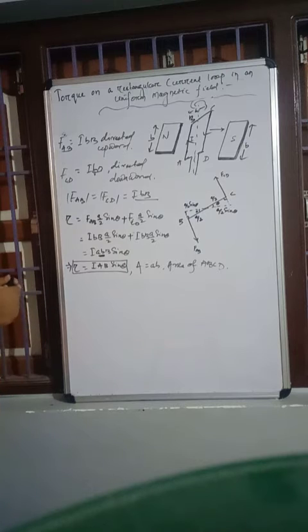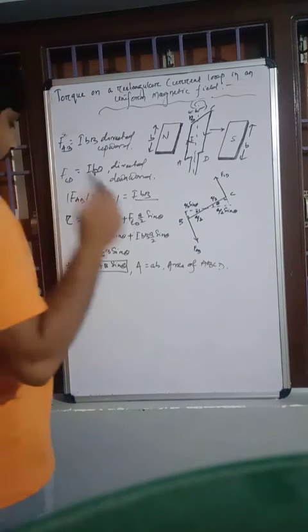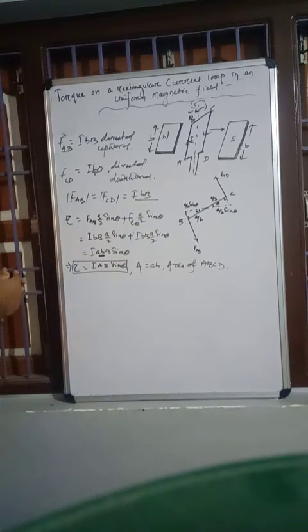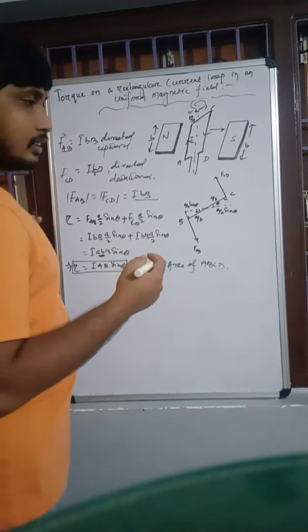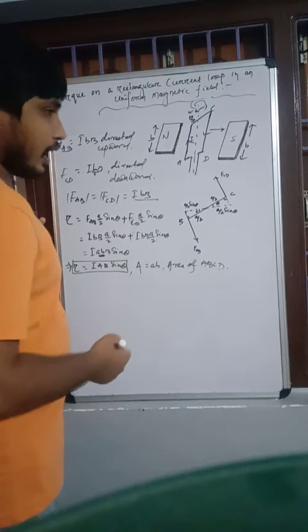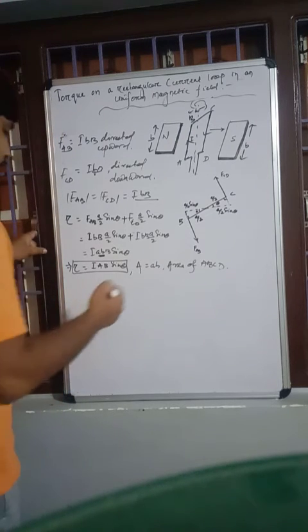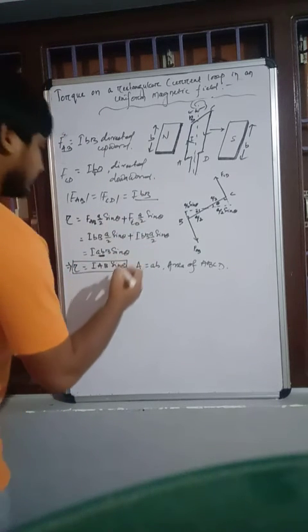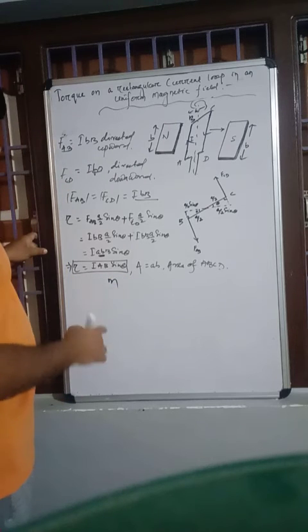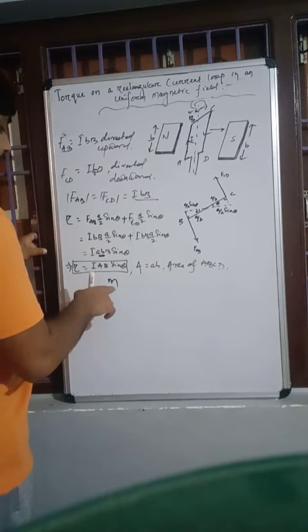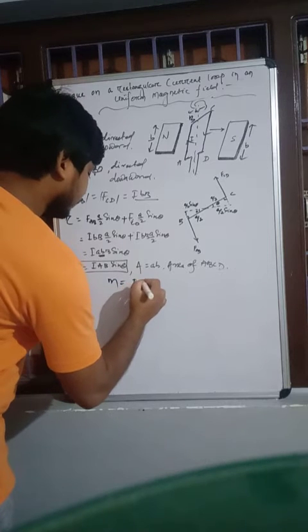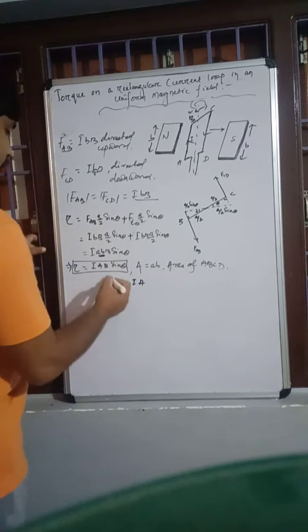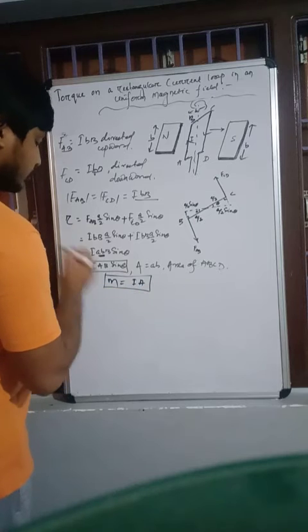Now here I will introduce one term, that is our magnetic moment. Like our electric dipole moment, here also a magnetic moment is there. The magnetic moment is denoted by M. M is given by I into A. You have to remember this formula.